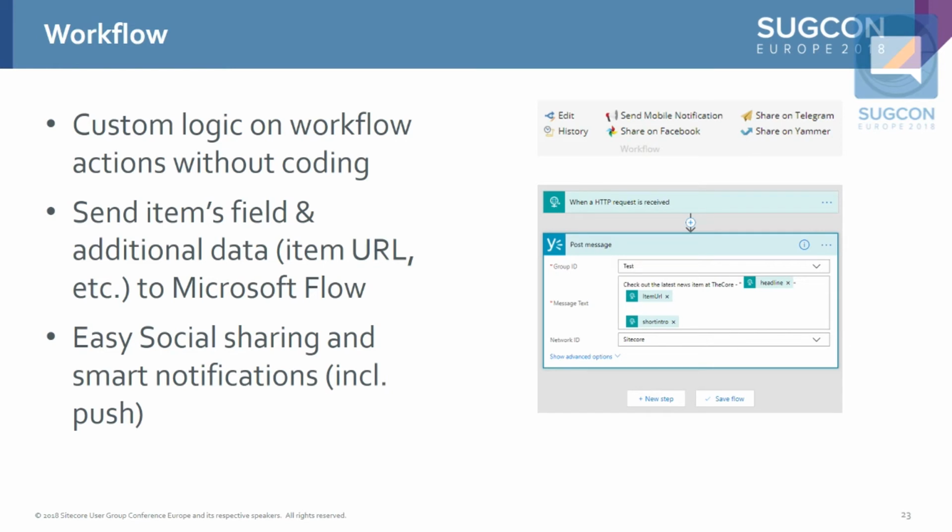So you can have some custom logic when the item enters some workflow state, and it will send all fields and the item URL to Microsoft Flow, or any other custom data.